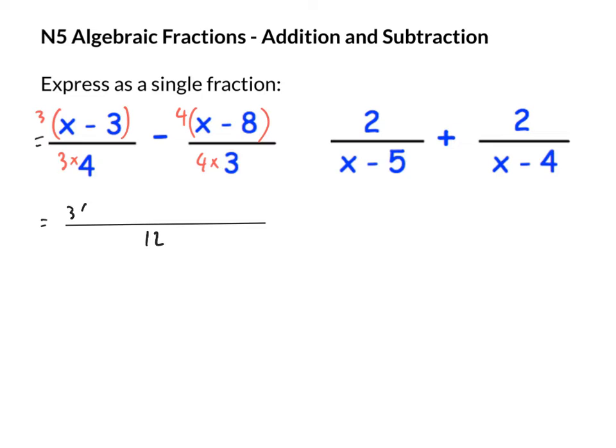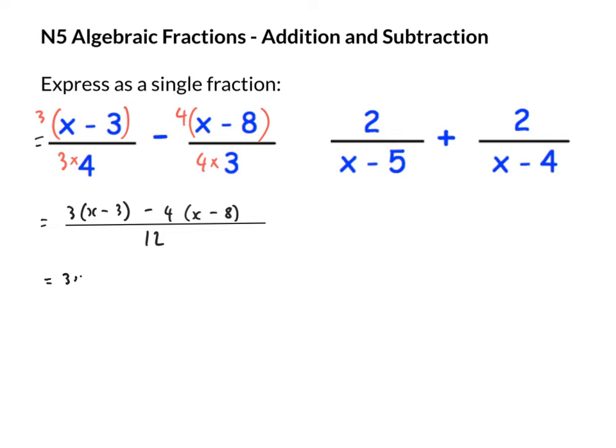I'm going to have 3 lots of this minus 4 lots of that. The reason I've done that is what will often happen is folks will multiply this out to 4x minus 32 and just write it down there without really worrying about that negative symbol too much. What I would do is write it out as a single fraction and then start multiplying out.